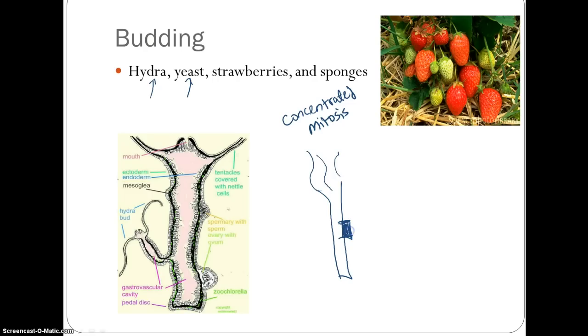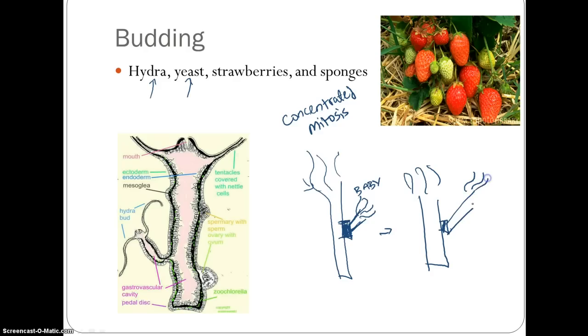And what this leads to is that a whole new hydra begins to form from the side of the parent. So this is the parent hydra, and this is the baby hydra that begins to form off the side of the parent. It continues to grow larger, and then it simply pops off.